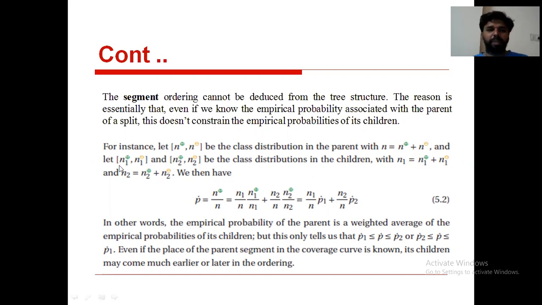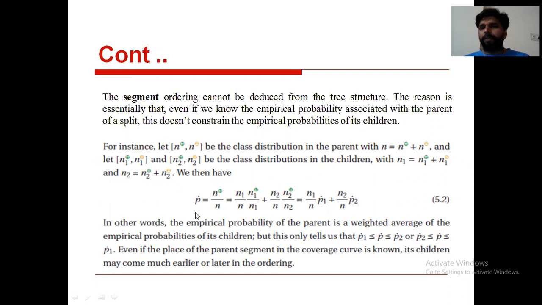Those are represented by n1 plus and n1 minus, and n2 plus and n2 minus. Class distribution in children: n1 is equal to n1 positives plus n1 negatives, and n2 is equal to n2 positives plus n2 negatives.